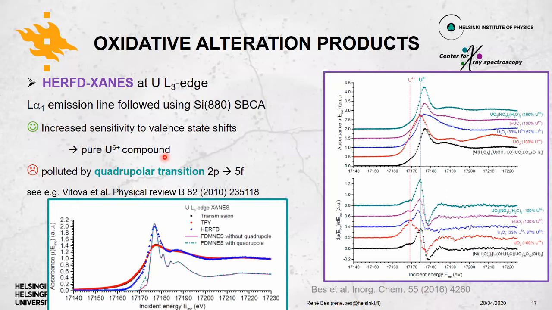The problem is that with the uranium L3-edge, the spectra are polluted by quadrupolar transition. So the electron is directly probing the 5f electrons instead of the 6d. And this probing appears just before the 6d white line, making a kind of shoulder or pre-edge in the spectrum.